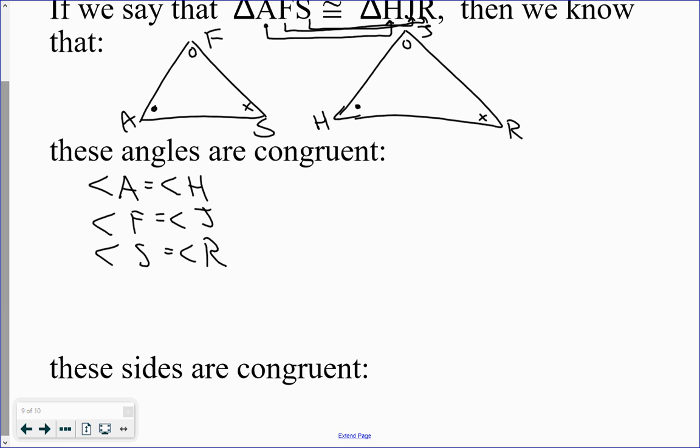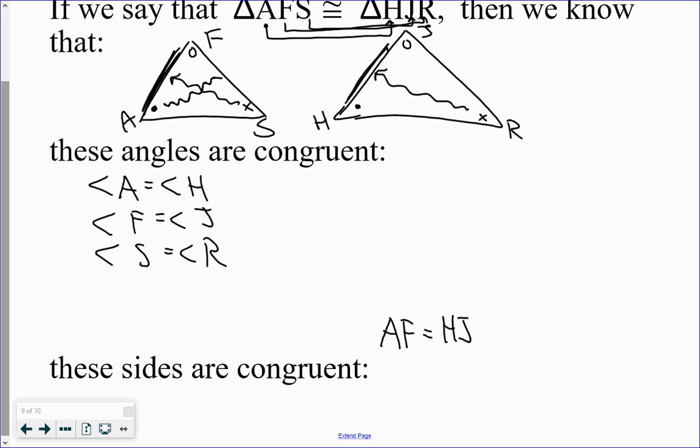What sides are congruent? Side AF, across from the X, matches the side across from the X, which is HJ.